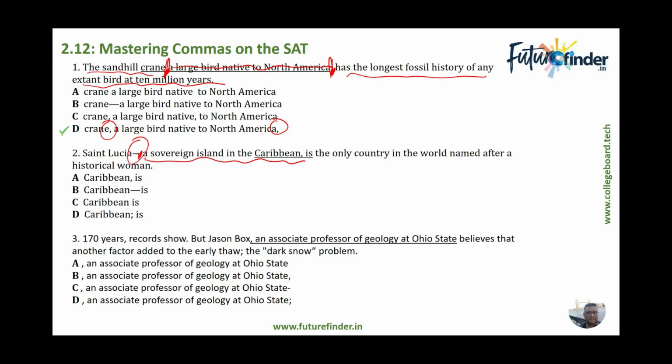I cannot start with a dash and end with a comma, or we can start with a dash and end with a dash. So the correct answer to this one, of course this one is an appositive, this is a phrase. The correct answer to this one is a B, wherein because we have started with a dash, right, we have to end with a dash.